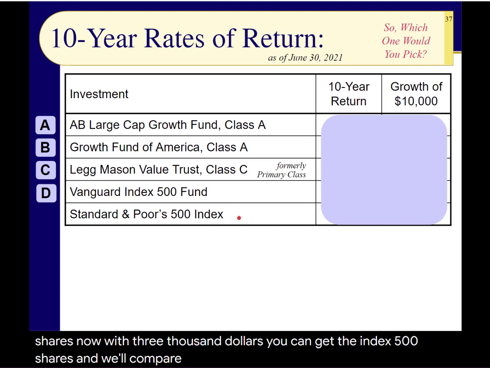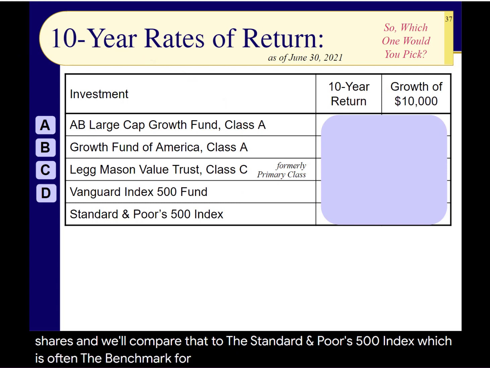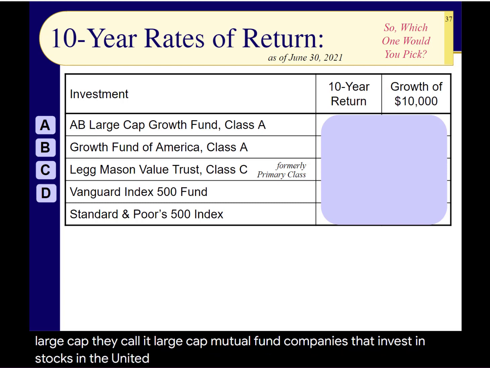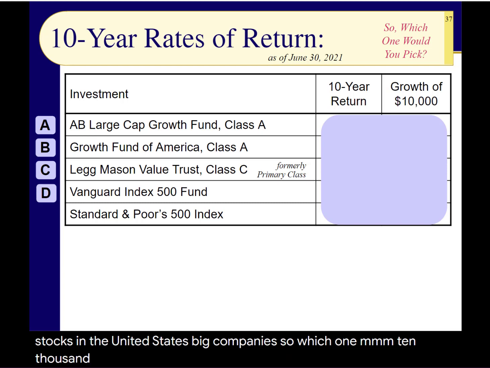And we'll compare that to the Standard & Poor's 500 index, which is often the benchmark for large cap mutual fund companies that invest in stocks in the United States, big companies. So which one? $10,000. Which one are you going to choose?